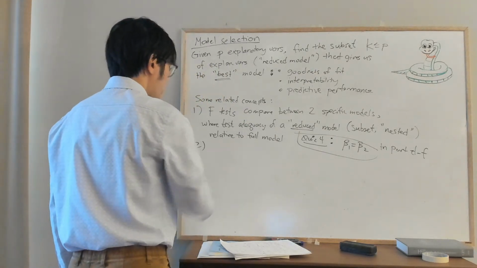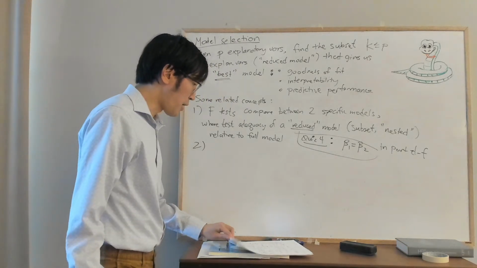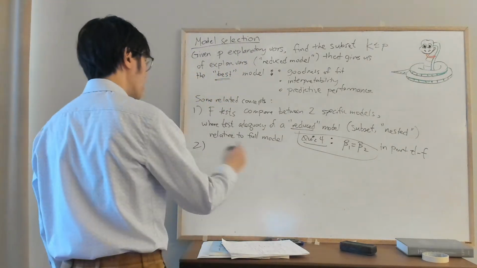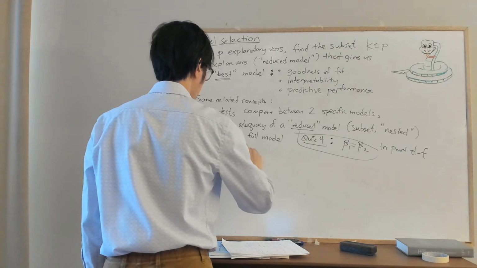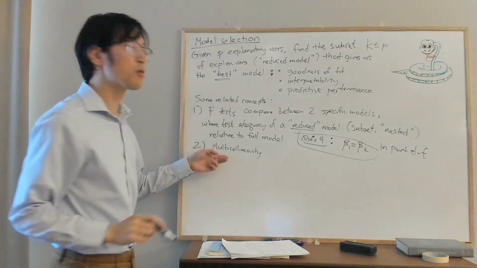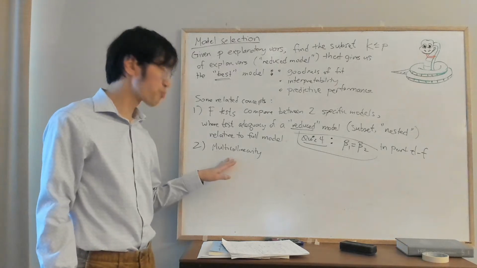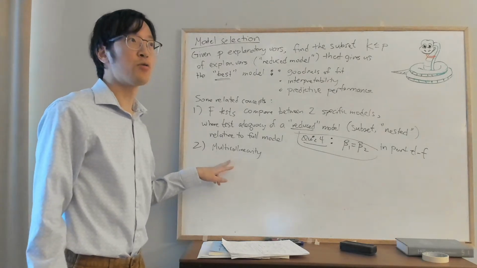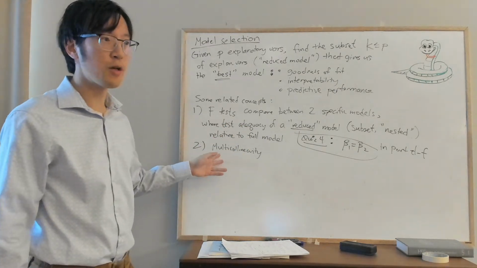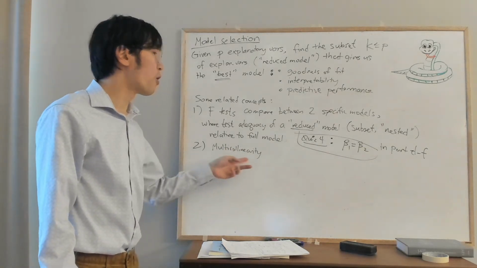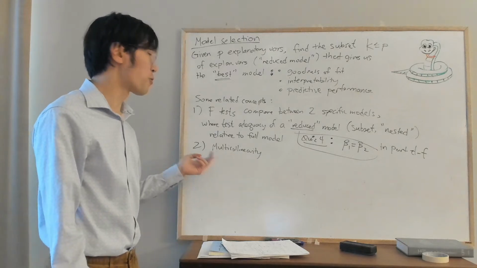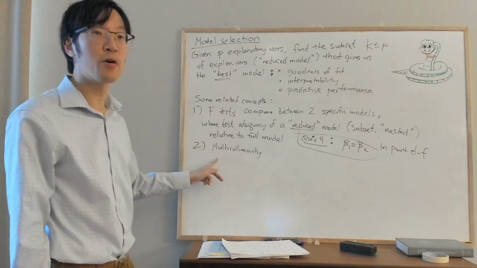Second related concept is the one we talked about last class, which is multicollinearity. And what was multicollinearity? Well, that's where you have two or more predictors that are quite correlated with each other, and we saw what can happen when we throw all of those correlated x's in the model.